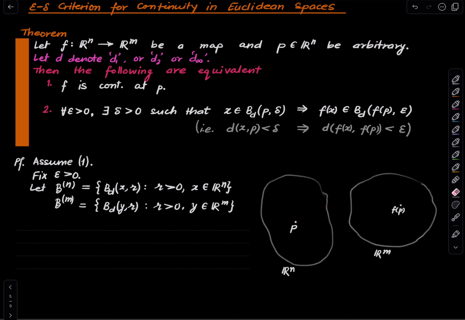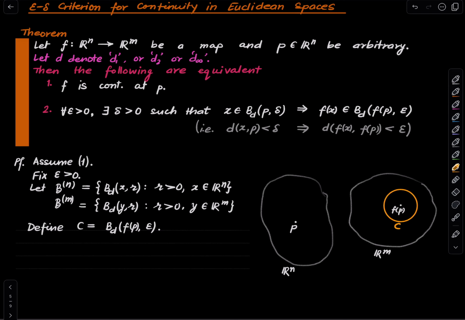So, I mean just define C to be this ball of radius epsilon around f(p). I'll draw it.